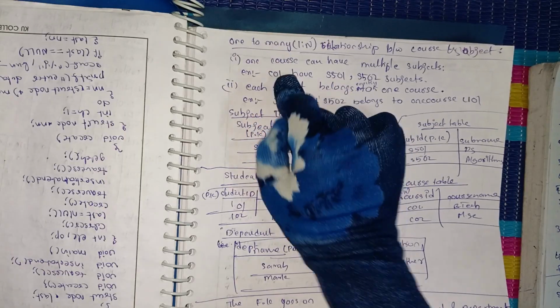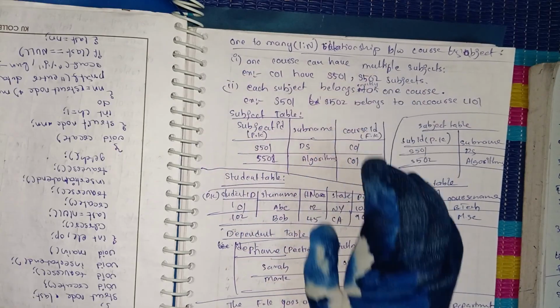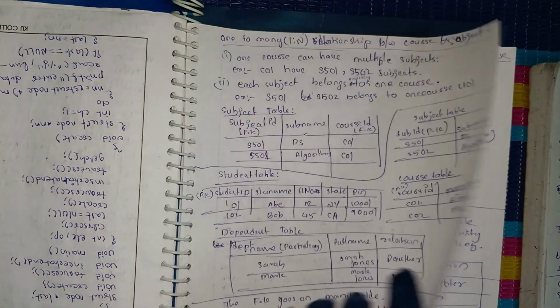That's why we consider the course table as the one side and the subject table as the many side.